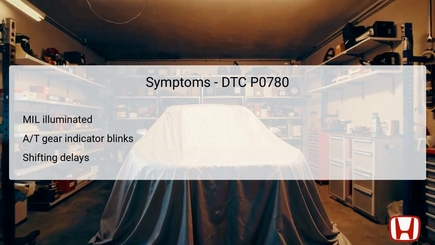Drivers might also experience shifting delays, where the transition between gears is not smooth as expected, negatively impacting driving experience. These symptoms should not be ignored, as they can lead to more severe transmission problems if left unresolved. Paying attention to these signs allows for timely diagnostics, which can prevent extensive repairs or replacements.